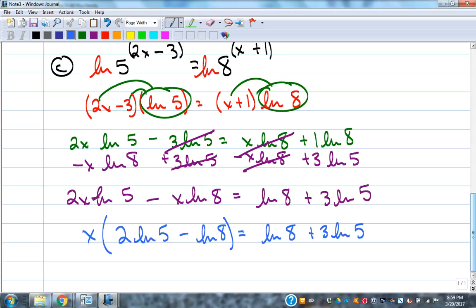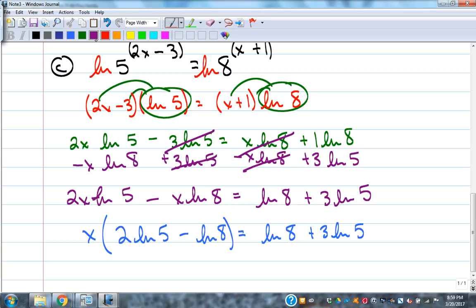So how can I get x by itself? Divide by the number. Just like if it was 7x equals 14, you divide by the number 7. Here, x times something is equal to something. We divide by this something and get x by itself. All those are just numbers. They're not pretty. I factored it out of the left side.